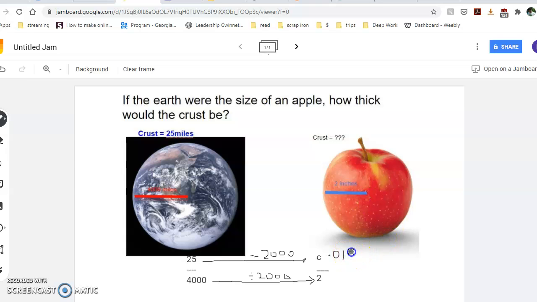If you wanted to be specific, it's actually 125 10,000ths of an inch if you wrote the whole thing out. So there's a chance you might have done that and assumed you did it wrong because this answer seems so ridiculously small. But guys, the crust is ridiculously thin compared to the entire Earth. Like hardly any of it is crust.